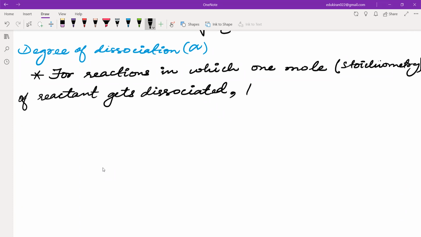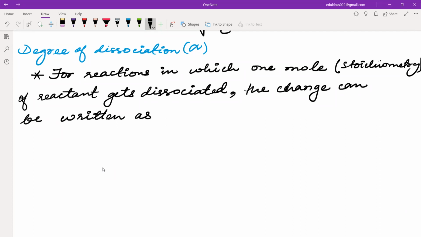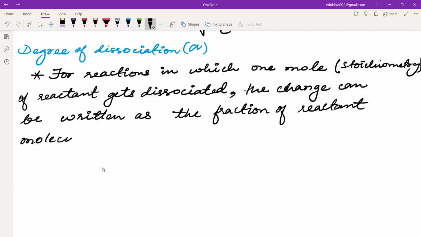The change can be written as the fraction of reactant molecules that gets dissociated.